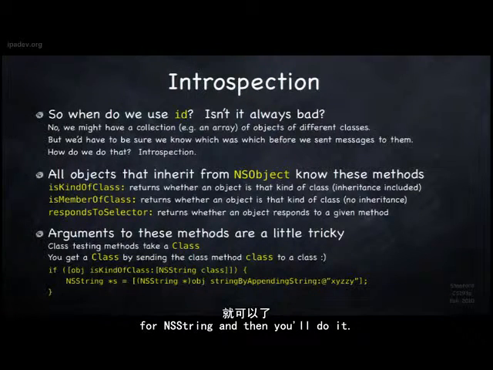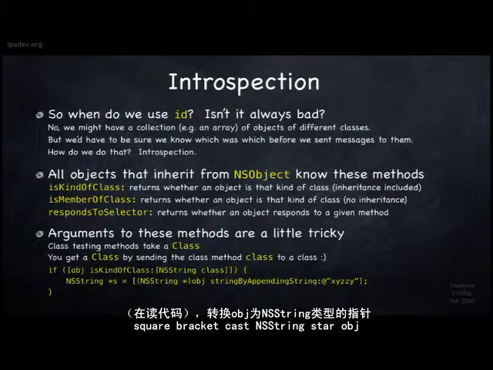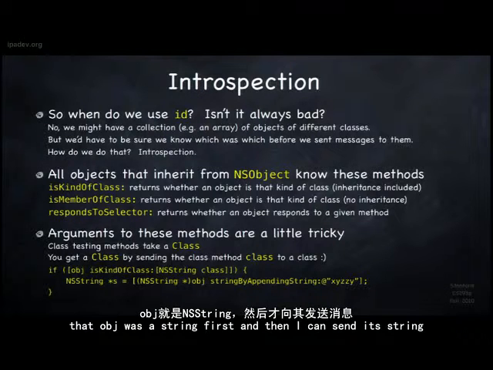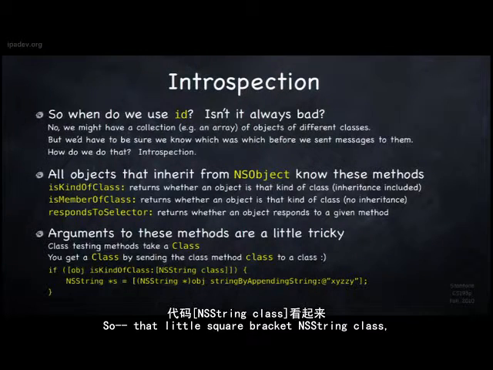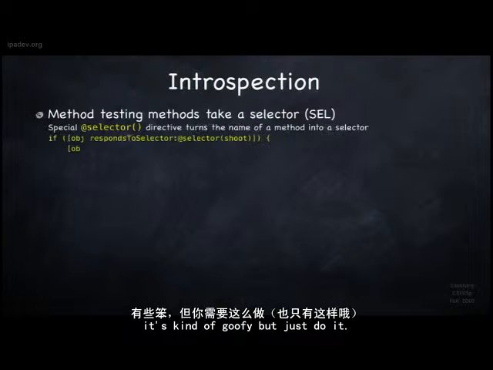So if that's true, then I can say NSString *s = [(NSString *)obj ...], which I know is fine because I just checked to make sure that obj was a string first, and then I can send it a string method like stringByAppendingString. Everyone got that? That little [NSString class] is kind of goofy, but just do it.